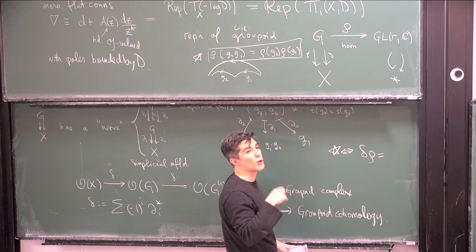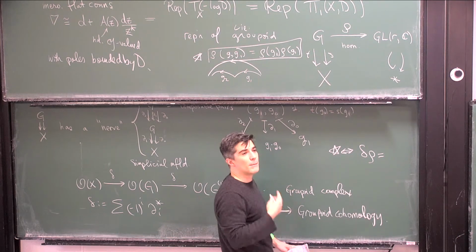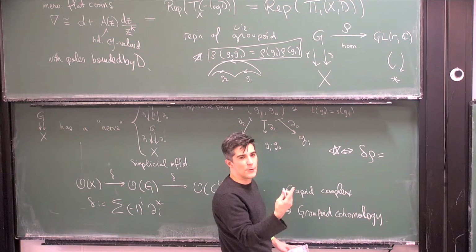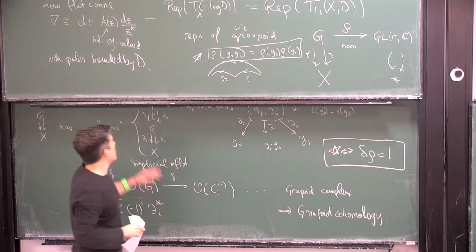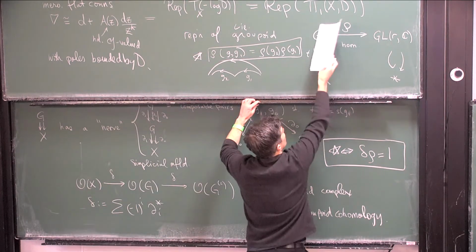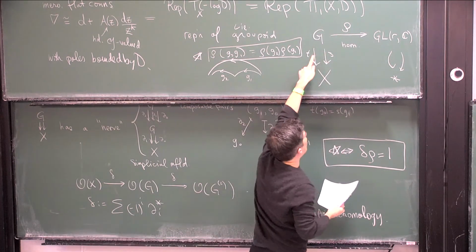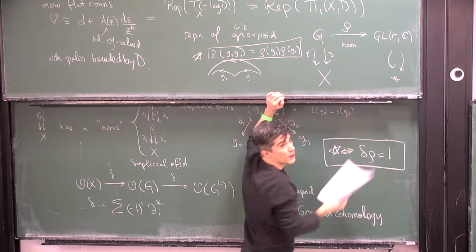Normally you would say it's closed. Normally you would say delta rho is equal to 0. But because this is a group, it's not 0, it's 1. Okay. So to say that we have a representation on this groupoid is saying that we have a one cohomology class with values in this coefficient group.